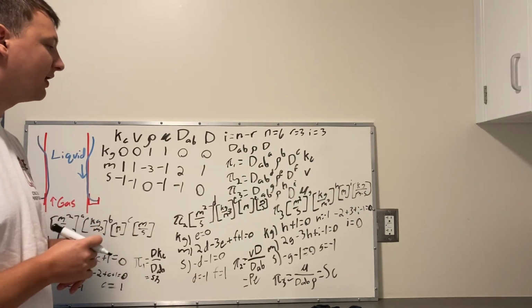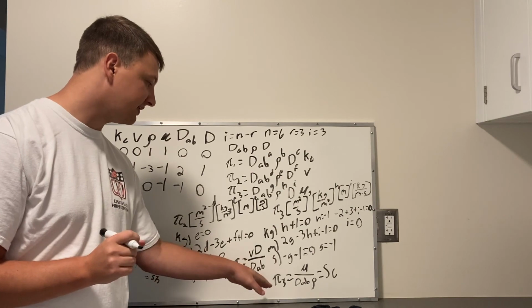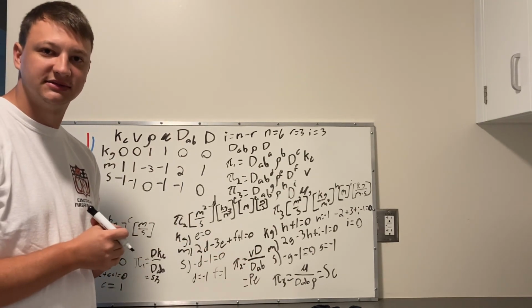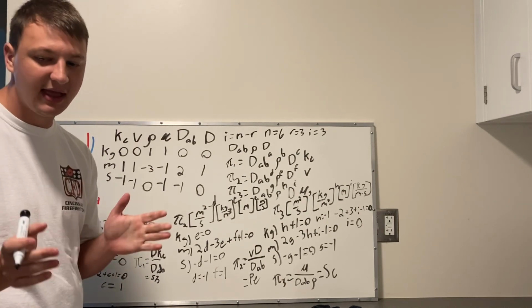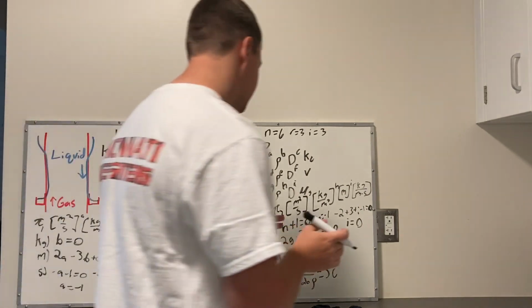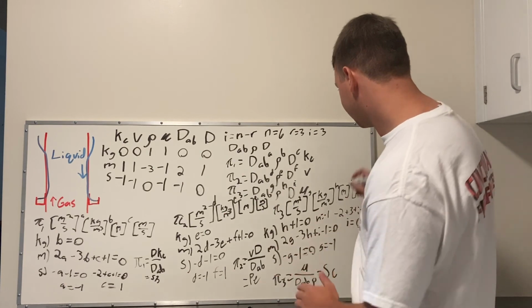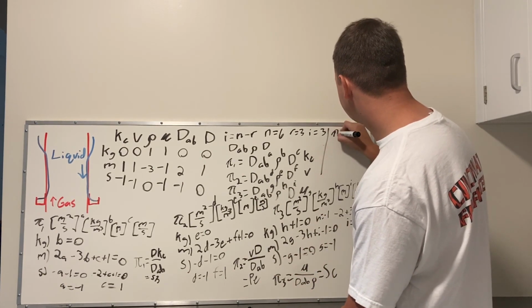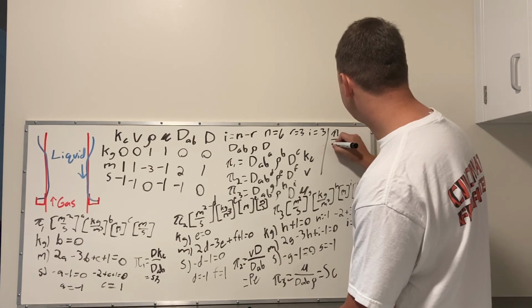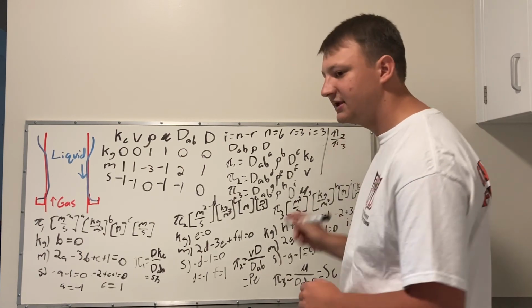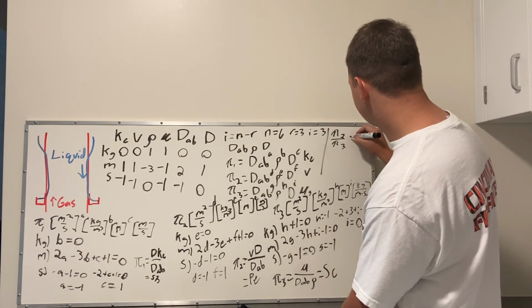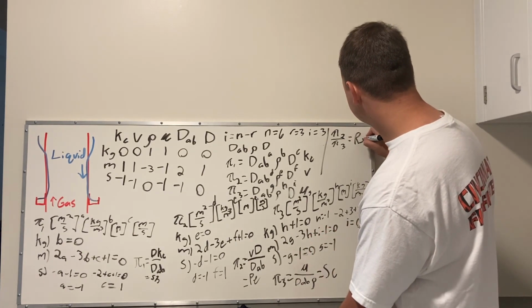Now for this problem, we need the Sherwood number, or the Sherwood dimensionless group, which we have for pi1, the Schmidt dimensionless group, which is pi3, but we also need the Reynolds dimensionless group. And to get that, you're going to use your pi2 and pi3. So you'll go pi2 divided by pi3, which equals the Reynolds.